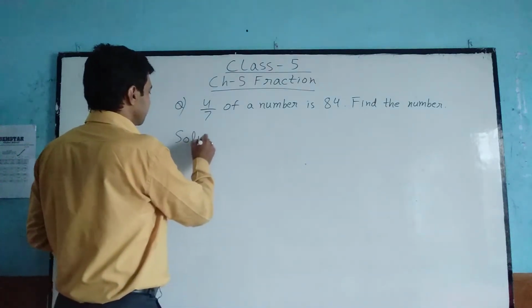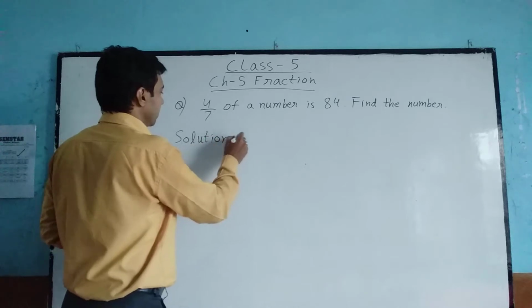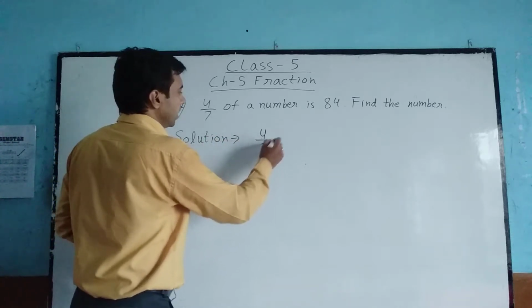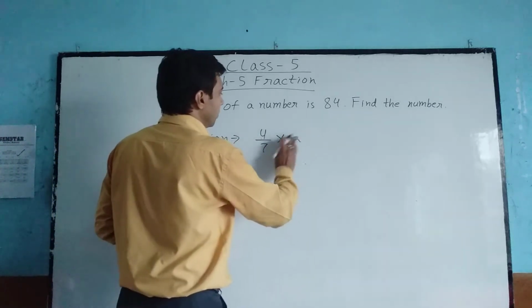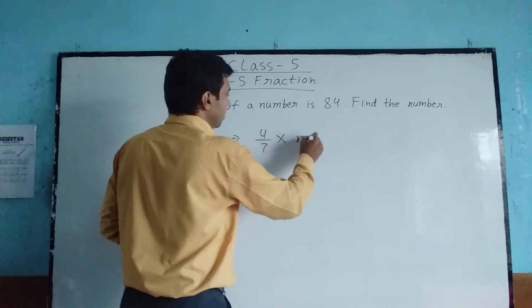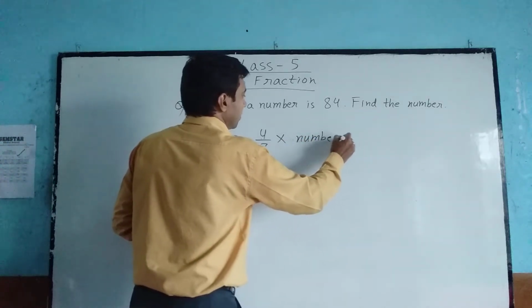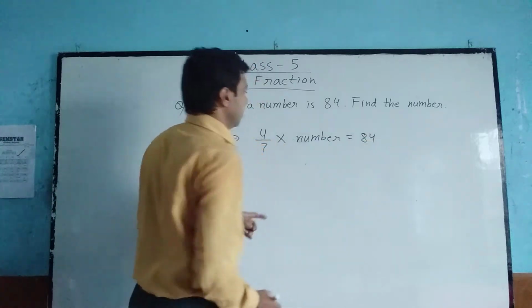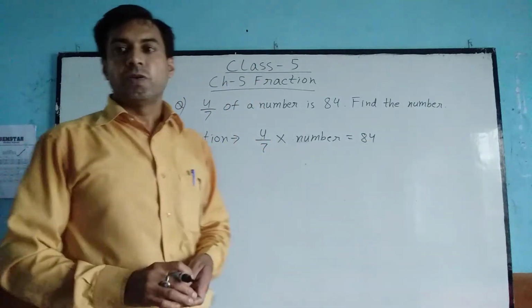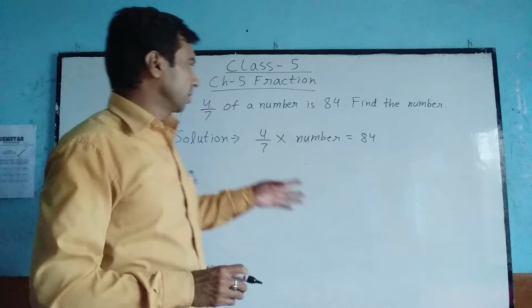Solution. 4 by 7 into number is equal to 84. We don't know that number. Simply I have written number.